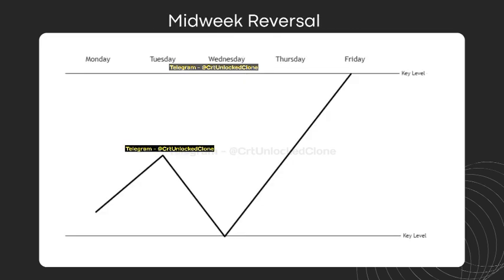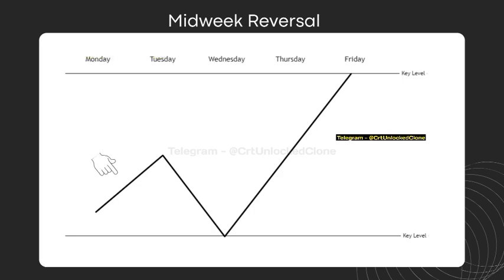Moving on, here we got another interesting type of weekly profile. This is a bit more advanced, and as I said before, you cannot anticipate it right away, but instead you're gonna have to wait and see how the price action forms on Monday and Tuesday, and then you're gonna frame this weekly profile, right? Here's what happens in this sort of weekly profile.